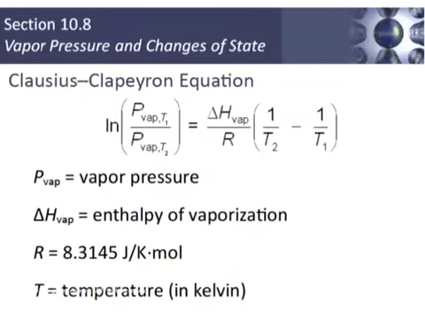We are at Clausius and the Clapeyron equation. Remember, you do not have to memorize this. P, and then you have your vapor pressure, at temperature 1 over temperature 2 is equal to delta H, so the enthalpy of vaporization, which we said was your boiling, over R times the difference of 1 over T2 minus 1 over T1.